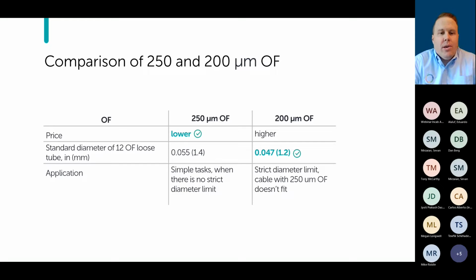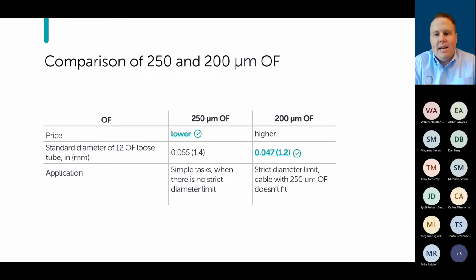Now, looking again between the two, I mentioned that the 250 micron is going to be more or less your standard. That's also going to be your lower priced fiber. If you're in an area where you're building fresh and there are no limitations, you can plow or trench however you see fit, and you're not trying to fit into pre-existing duct that's already in place, 250 microns is going to be the way to go.